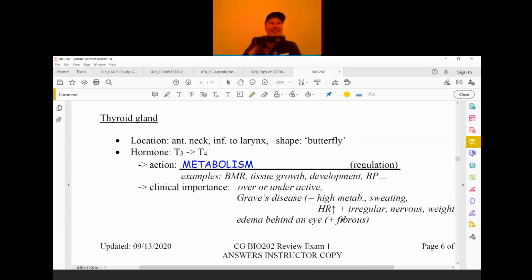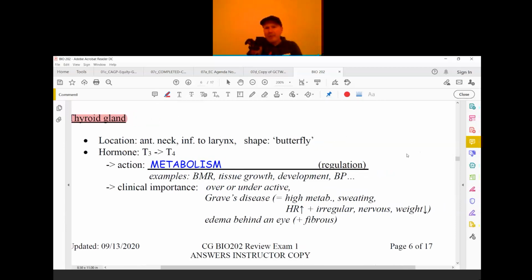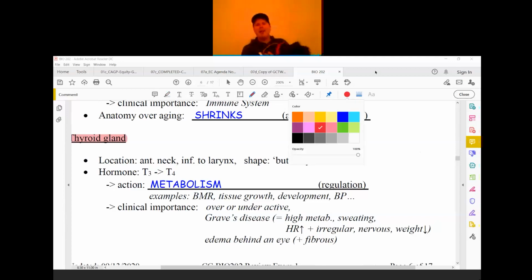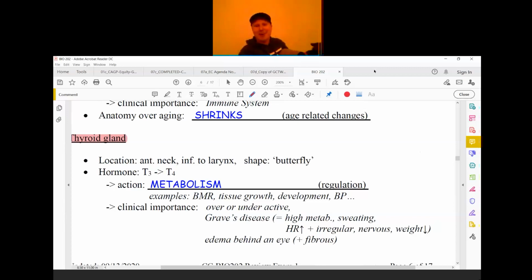So we're going to have a look at the thyroid gland. I don't know if you've heard about the thyroid gland a lot in the past, but it's located at the neck on the anterior side, just inferior to the larynx, and often it's described in the textbooks as being butterfly shaped. I do think that anatomists are sometimes very creative in seeing these structures and shapes in various parts of the body where I don't necessarily see those.